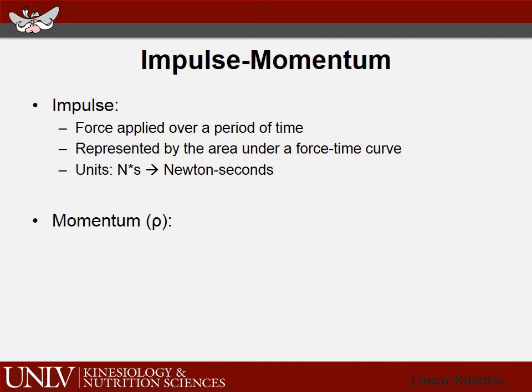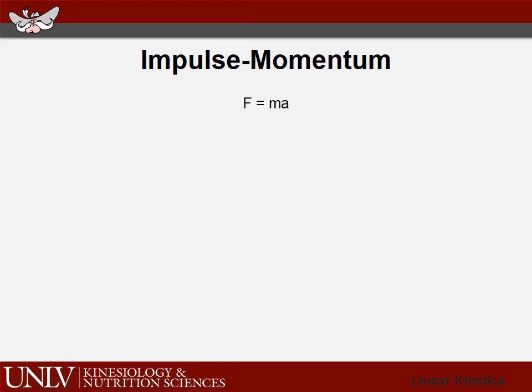And then momentum, represented by the rho. Momentum is the movement of the massive system, so it describes the velocity of the system. It's kilograms times meters per second. If we go back to F equals ma and break it down again to F equals mass times delta V over delta T, we rearrange the equation.